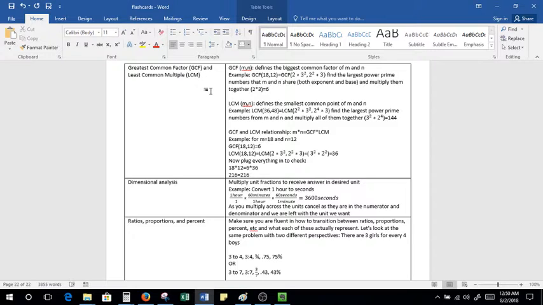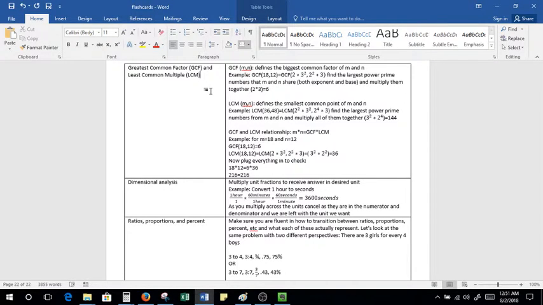Our next step then is to find the largest power of each prime that they share. So we need whatever primes they share, and we take the greatest power that is the same, and multiply them together.